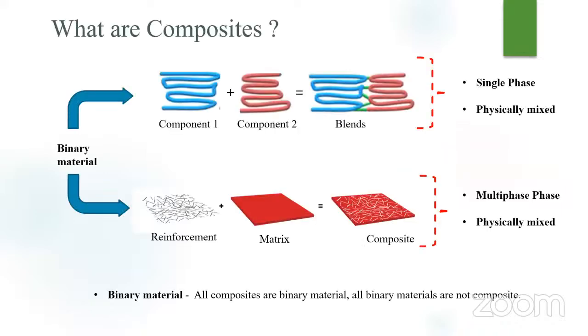Now talking about the composites. As you have seen, blends and alloys are binary materials. Again, composites are also binary materials. The difference between blends and composites is that a blend is a single-phase, physically mixed material.